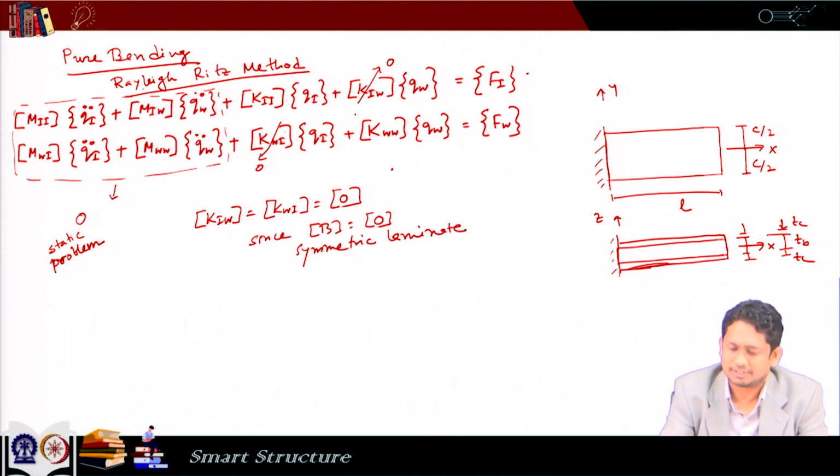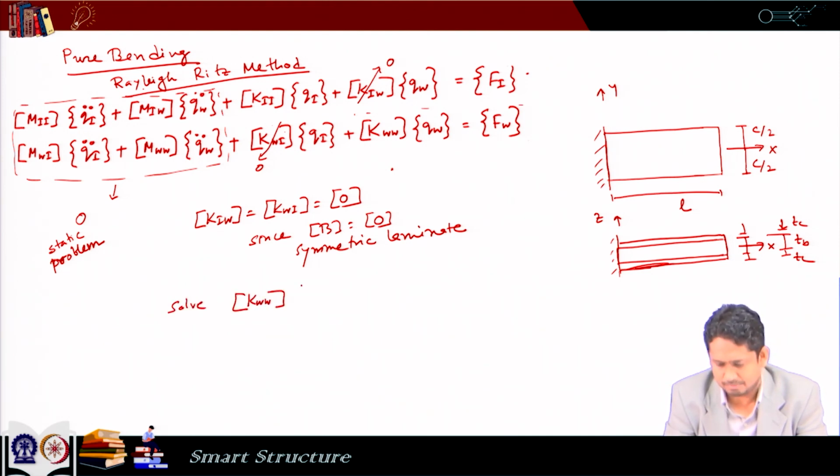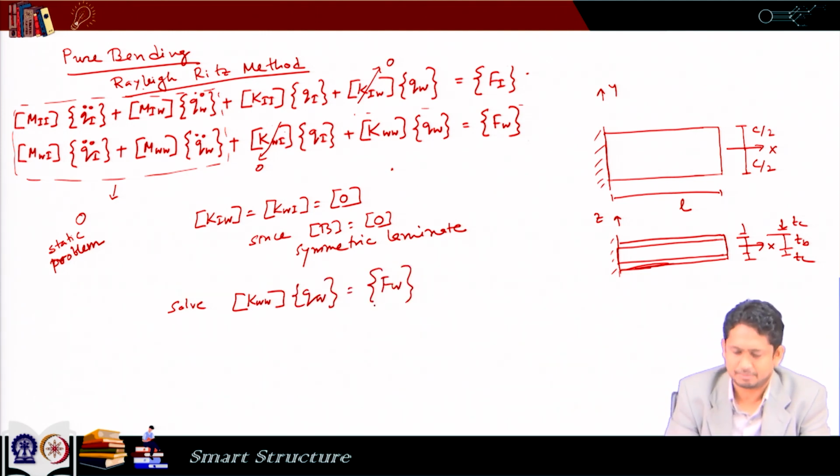So we are left with only this equation. So these two equations, the first equation and the second equation, can be solved separately. Now in this case the actuation is purely a bending actuation, so we need to solve only this equation. So solve KWW QW is equal to FW.